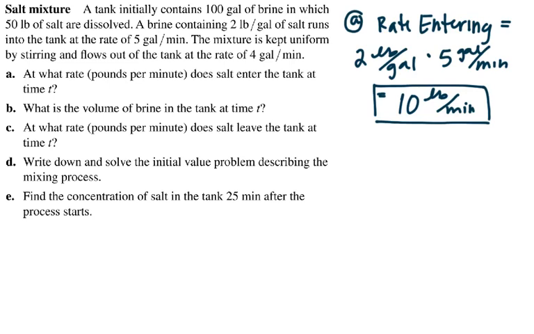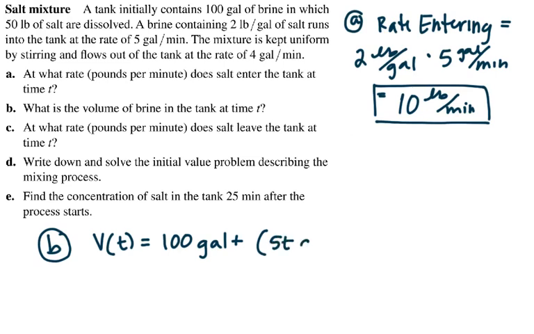So part B says, what is the volume of the brine in the tank at time t? And the way we're going to do this for B is I'm going to give myself some more space and write this down here. For B, we have V of t equals 100 gallons plus 5t gallons minus 4t gallons.